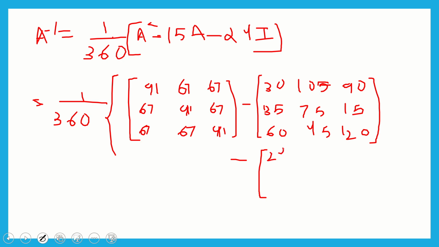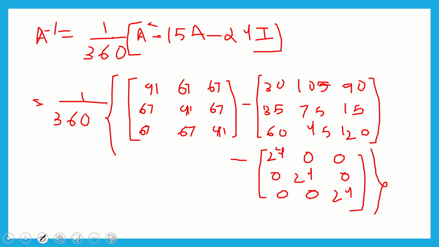And we have the value of 24I. So I multiplied 24 with I, and you will get this value: 24, 0, 0, 0, 24, 0, 0, 0, 24.